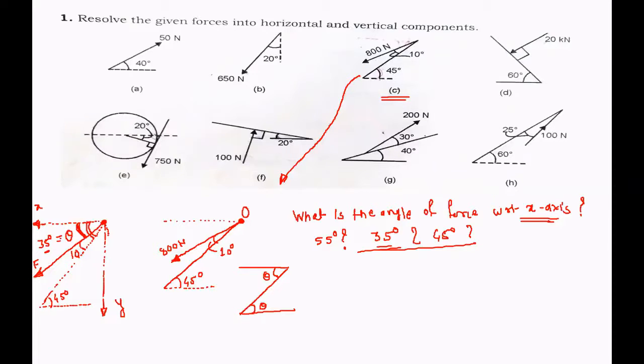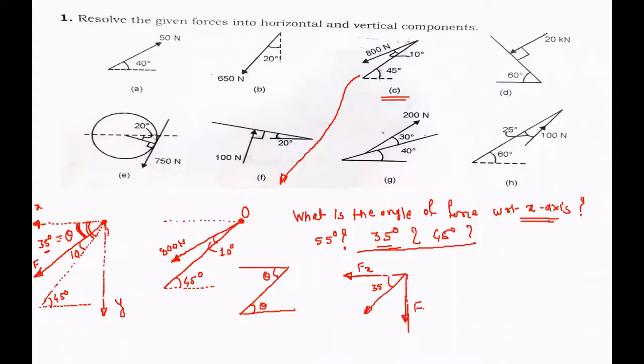Now the remaining procedure is very easy. Just resolve this force along the x and y axis. So this is your force. This is the x-axis. This is the y-axis. This angle is 35 degree. So consider this is the x component. So this is fx. Draw the y component here.